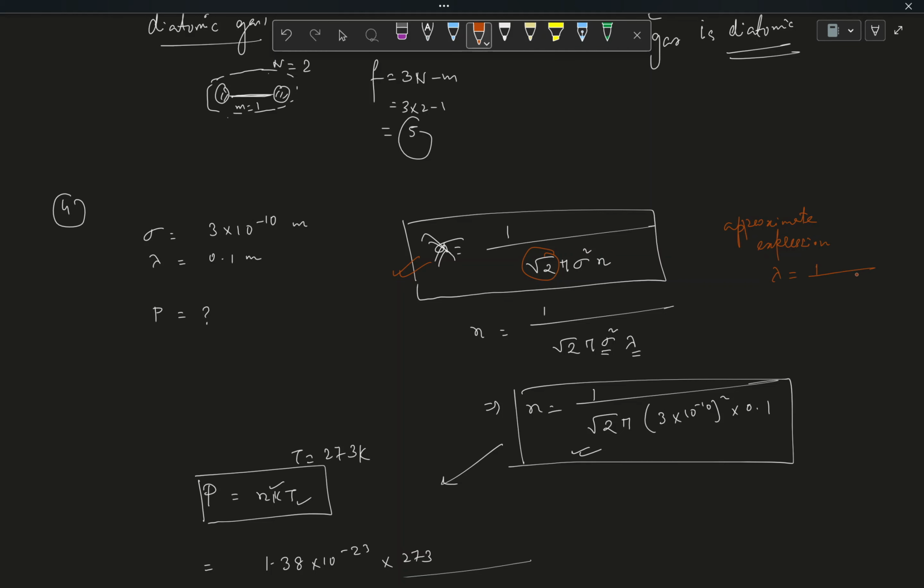Then lambda is just 1 by pi sigma squared n. So these quantities remain the same, but root 2 is an extra factor that only comes when you take Maxwell's expression of mean free path. This is not wrong, because it is Maxwell's expression, but in this scenario we have to get an answer that matches the options given in the question.